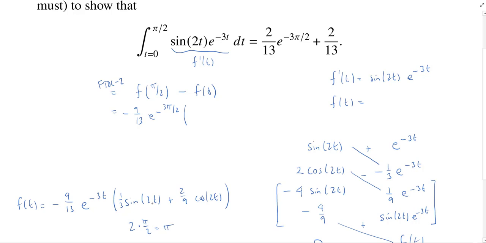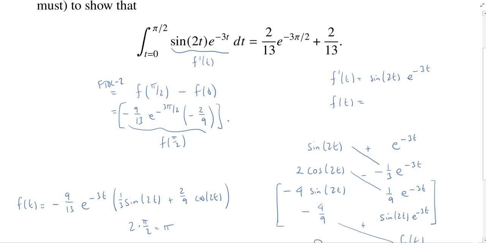Sine of pi is 0, so that term will go away. Cosine of pi is negative 1, so I end up here with a negative 2/9. So this bit is f of pi over 2.